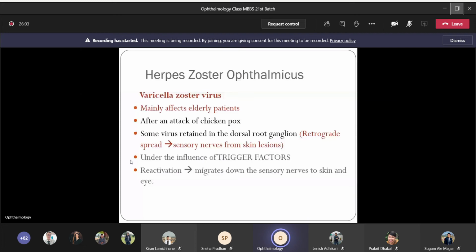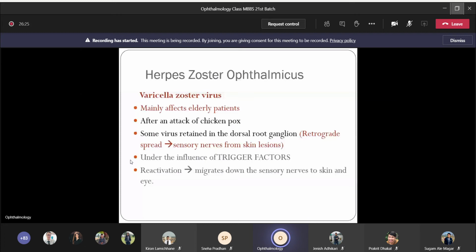Under the influence of trigger factors, which we've discussed before, it has a retrograde spread from the sensory nerves from skin lesions, and reactivation of that virus causes migration down the sensory nerves to the skin and eye.